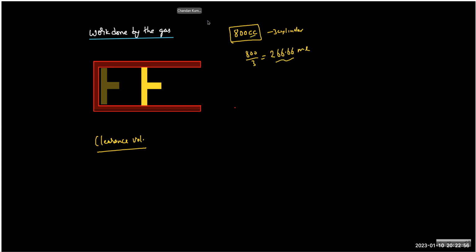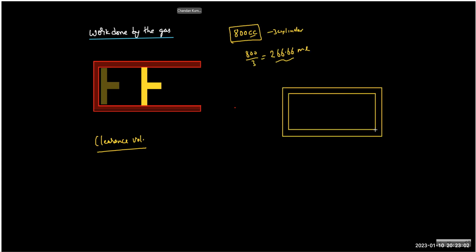Let me draw a separate one. So this is the piston part.